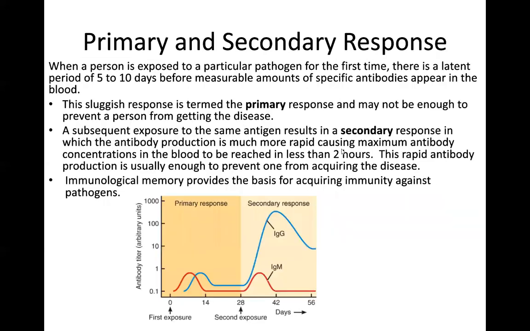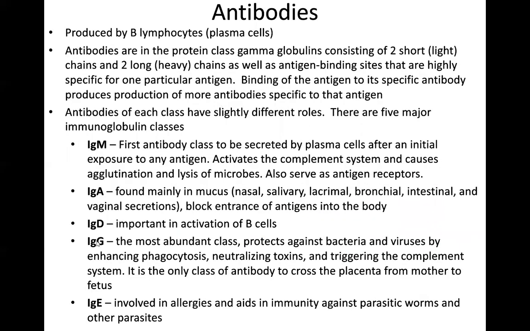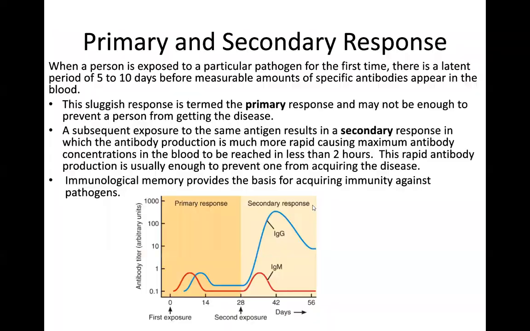So in the case of those IgGs, where the antibodies can cross the placenta from mom to fetus, is that going to be acquired actively or passively? Is the baby producing his own antibodies or her own antibodies, or are they getting it from someone else?